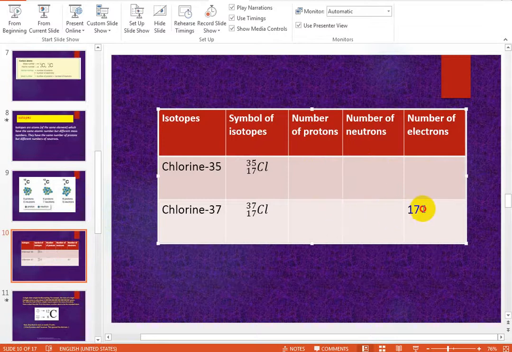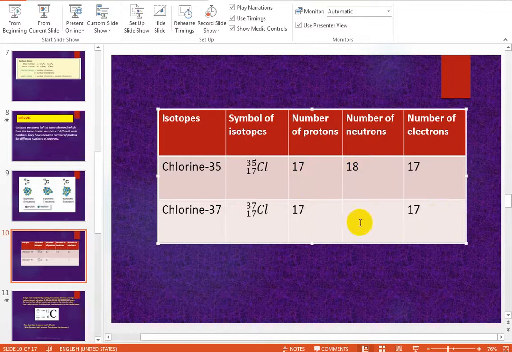Okay, this is the activity in this class. How many protons does chlorine 35 have? The proton number is 17. Proton number and electron number are the same in an atom, so the electron number is also 17. How many neutrons? Mass number minus atomic number: 18. Good. Now for chlorine 37, the proton number is 17 and the electron number is 17.